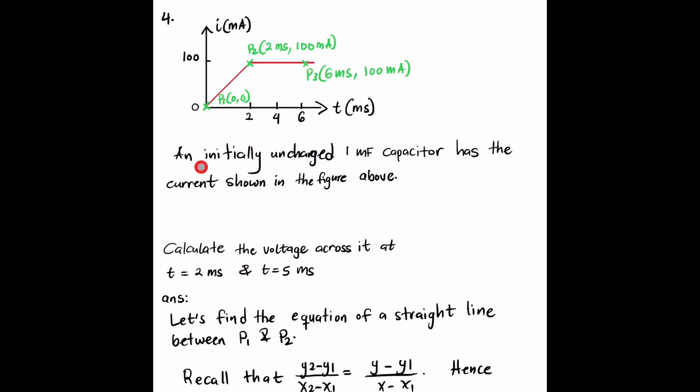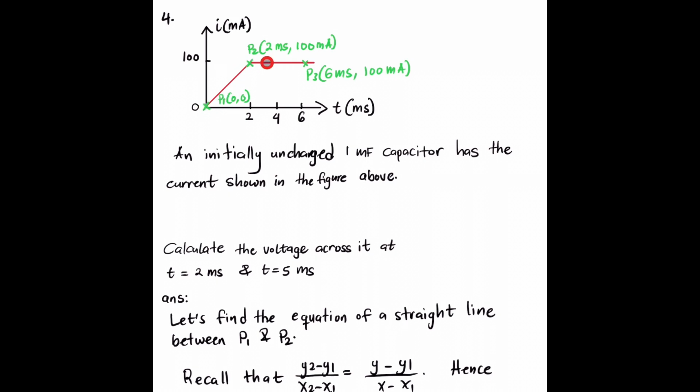An initially uncharged 1 millifarad capacitor has the current shown in the figure above. Calculate the voltage across it at t equals 2 milliseconds and t equals 5 milliseconds. So this is the current, this is time.